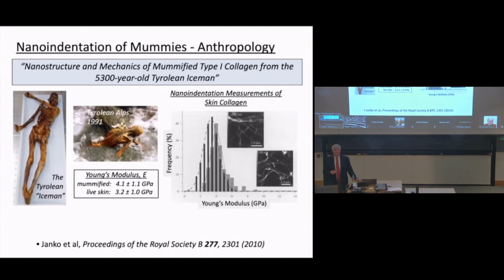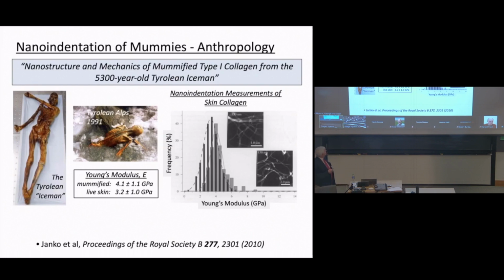There's an interesting one: nanoindentation of mummies. If you've ever seen a show on Nova about this dude right here, the Tyrolean Iceman, who came out of the bottom of a glacier in 1991. They dated him, found out that he was 5,300 years old, that he fell into this glacier.